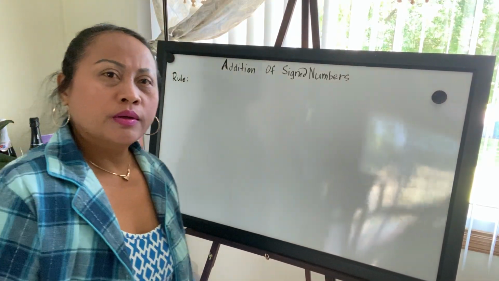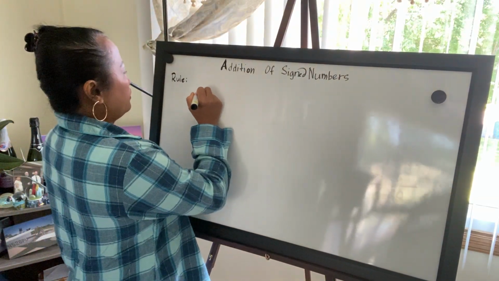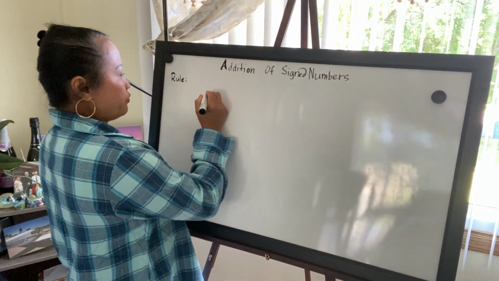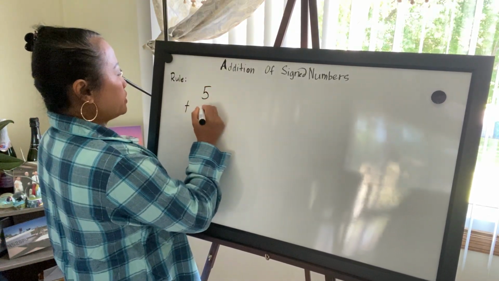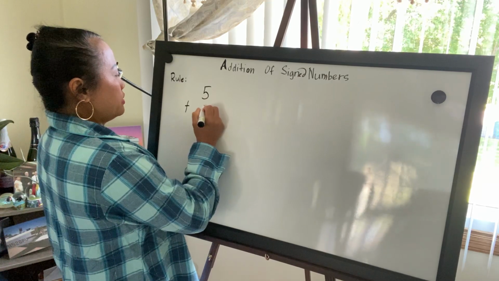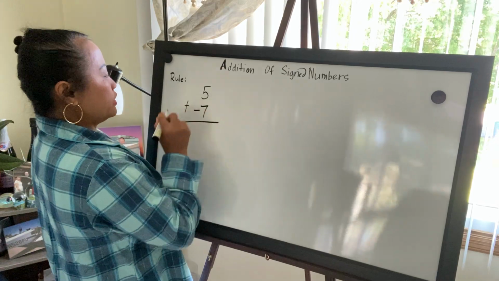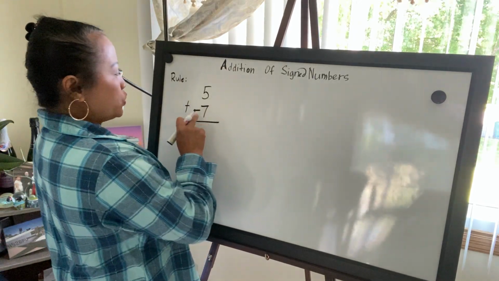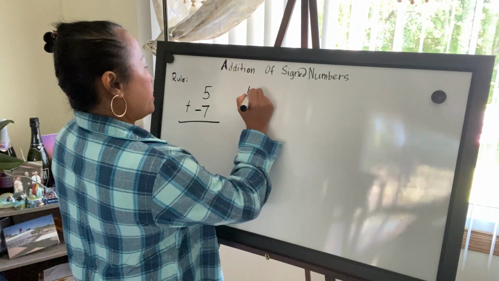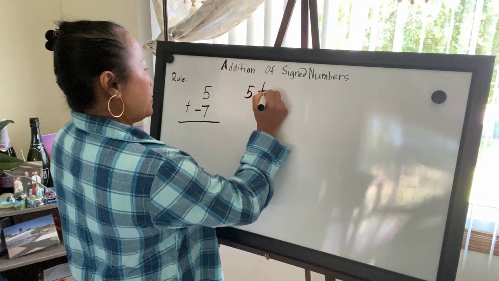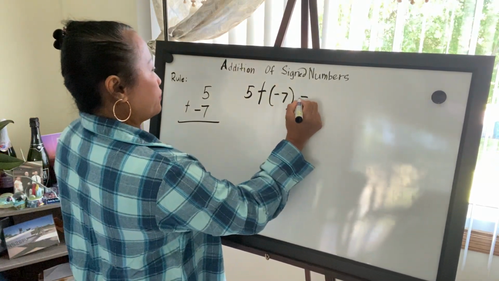Now, let's say 5 plus 7, negative 7, or this one can be written as 5 plus negative 7.